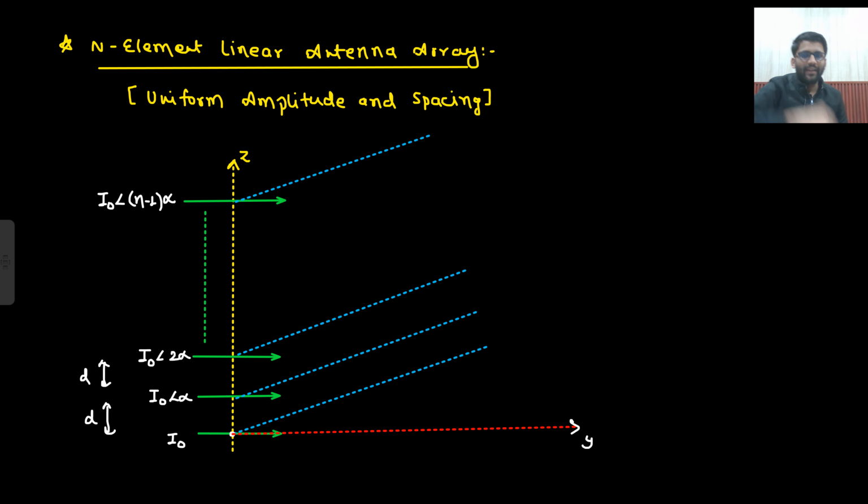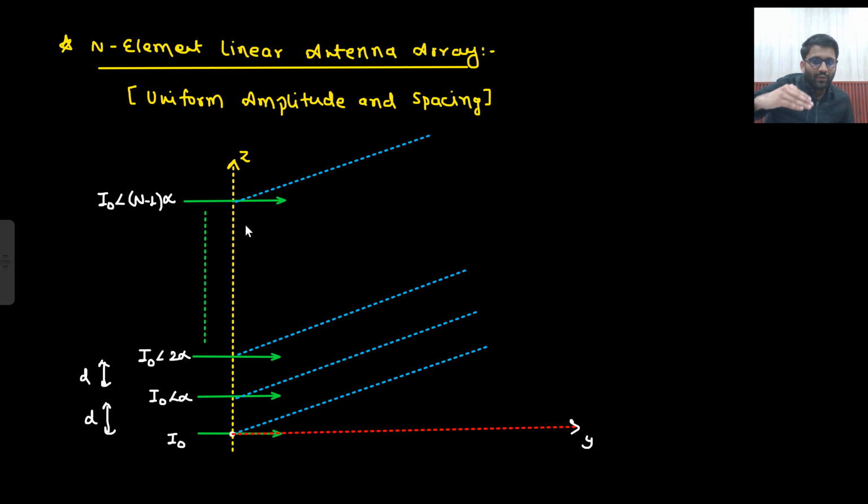Now we need to study the n-element linear antenna array. Here, if this has current I naught, the next will have current I naught but phase shifted by alpha, this one phase shifted by 2 alpha, the next by 3 alpha. How many elements are there? N elements are there, so the nth element will be shifted by (n minus 1) alpha.